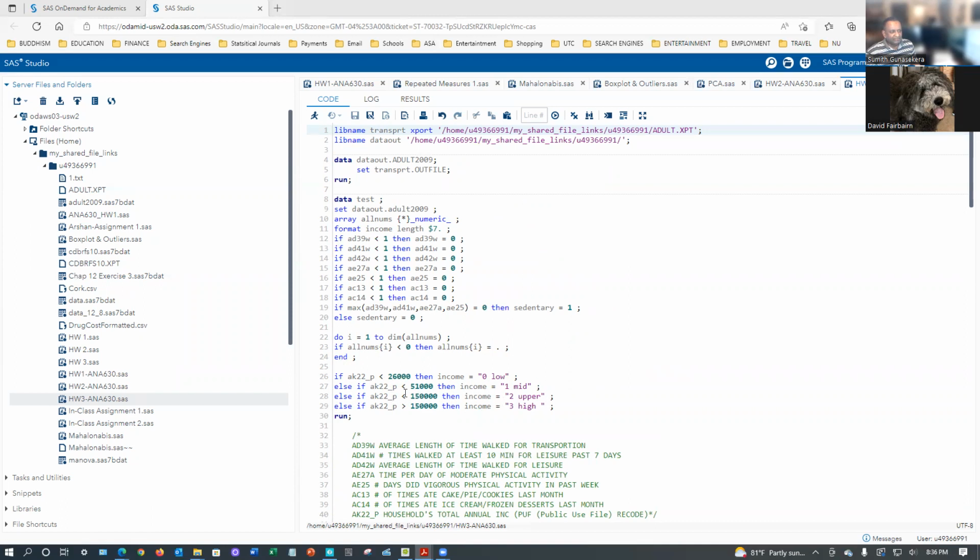If it is not that, in between, then 51 to this one, middle. So 150,000 and more than that, highlight that. So I have a category. I prepared two variables: this one is sedentary, the other one is income.